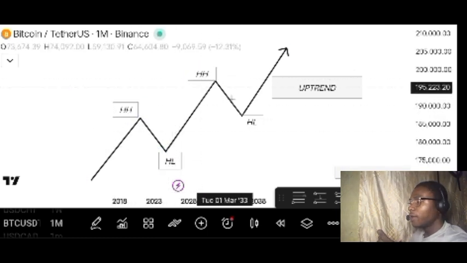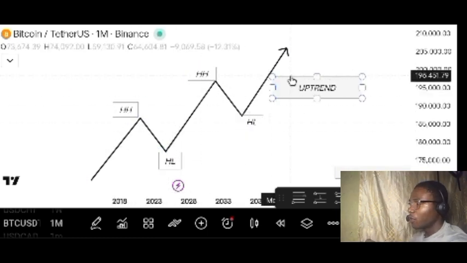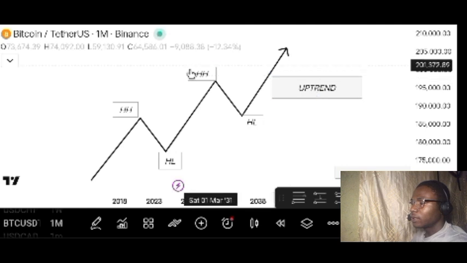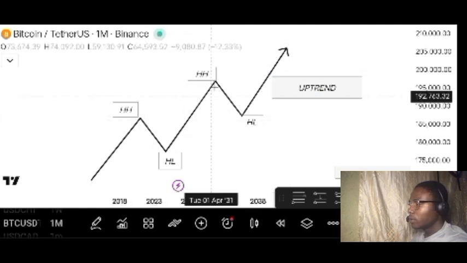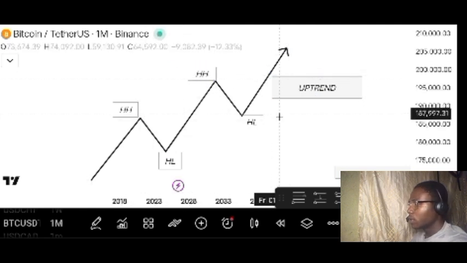If you have never spotted this pattern before, you see this on the screen here. You see higher high, higher low, higher high, higher low, higher high, higher low. Whenever you see this pattern, just know that it's an uptrend. You map it out. Let me zoom in a little bit.